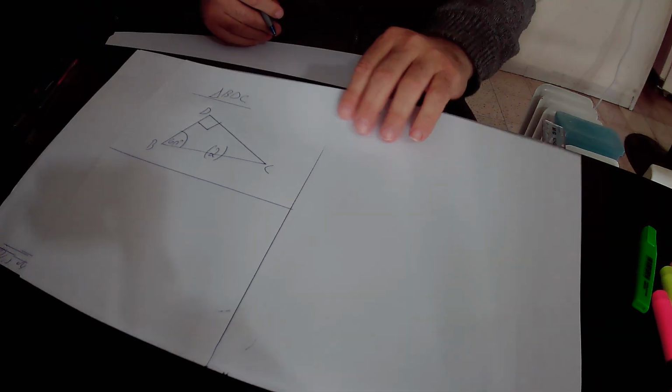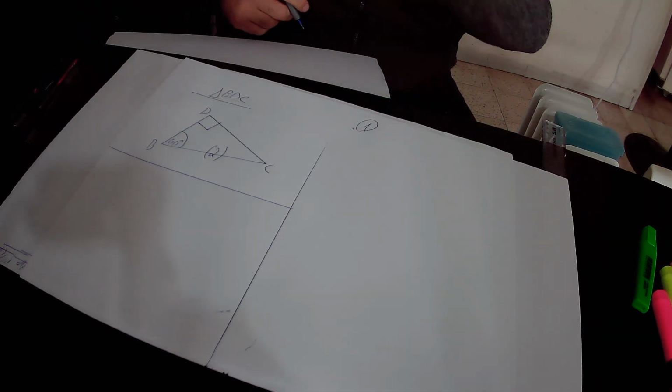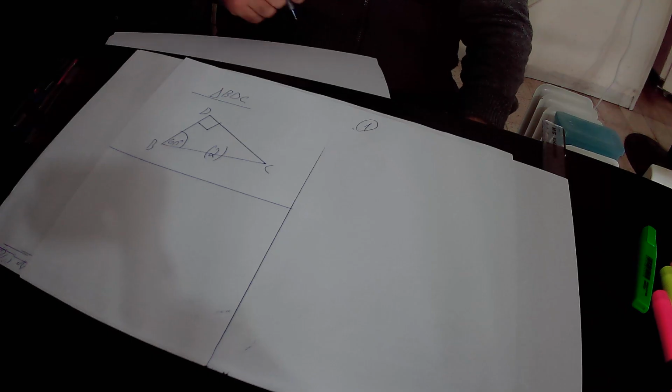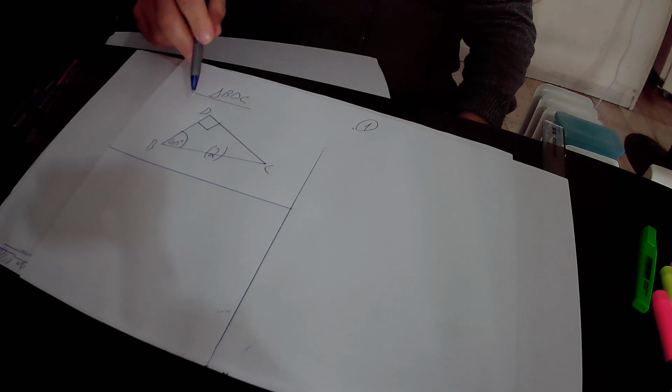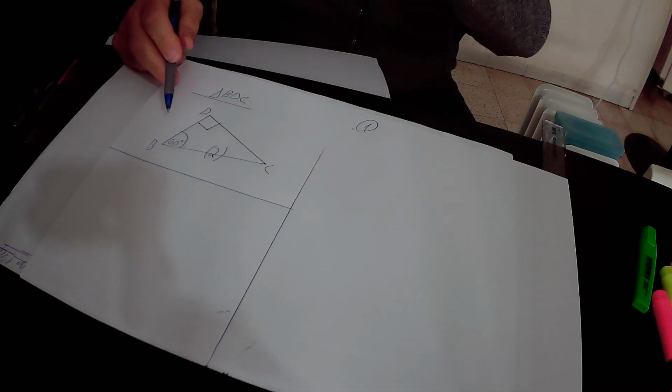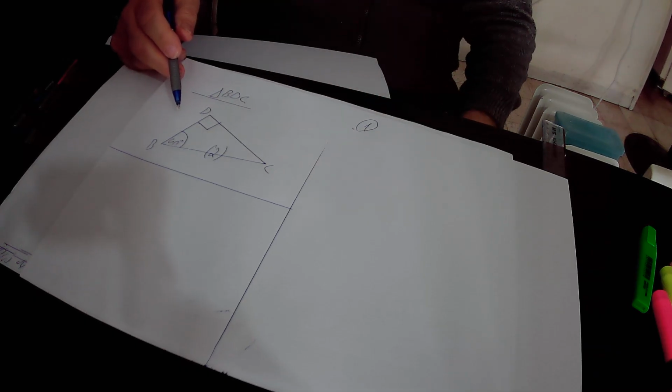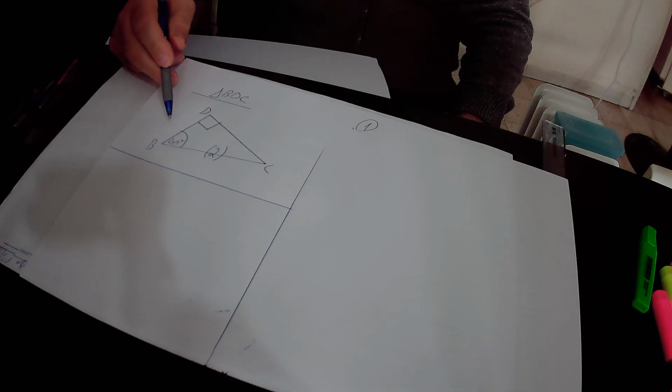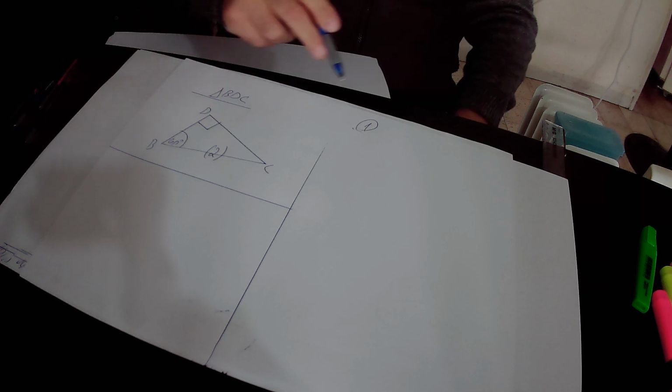So actually, this is the right triangle BDC that I copied from the original drawing. Angle DBC equals 60 degrees and BC equals 2 units according to what is given in the question. On this right triangle BDC, cosine 60 degrees equals DB over BC. So I write it down.